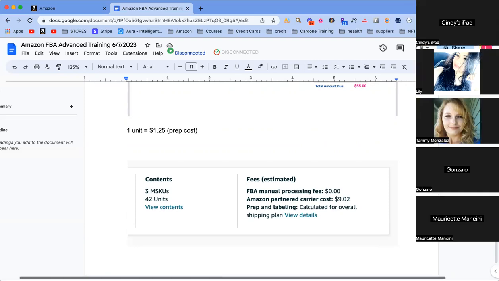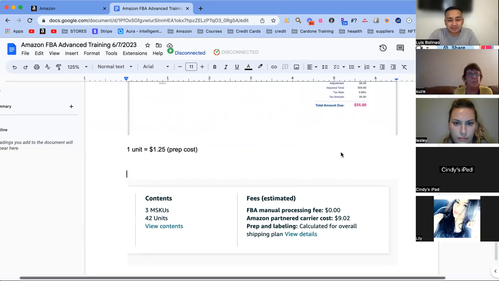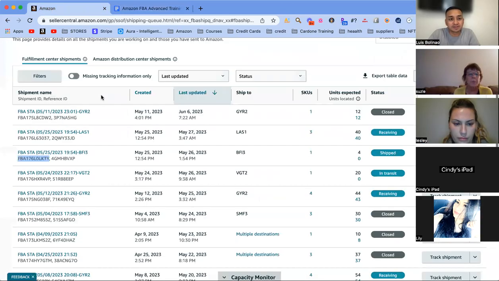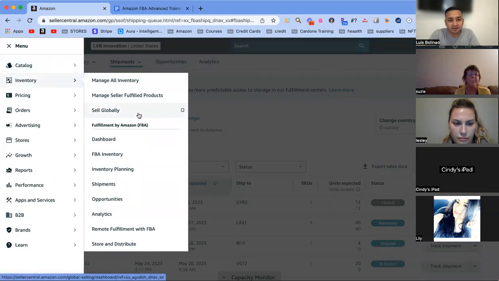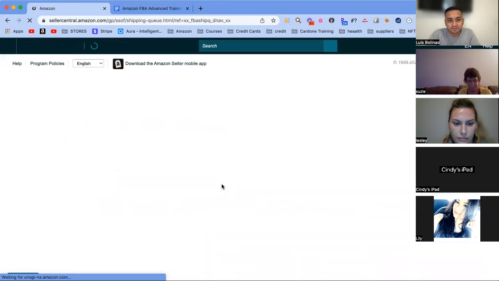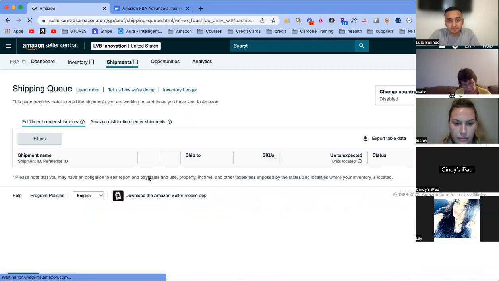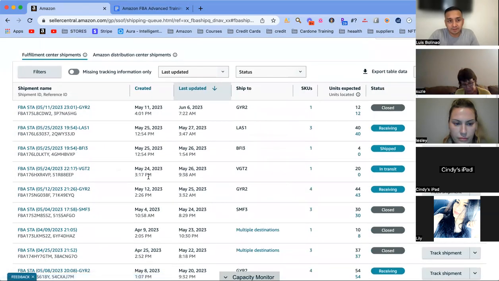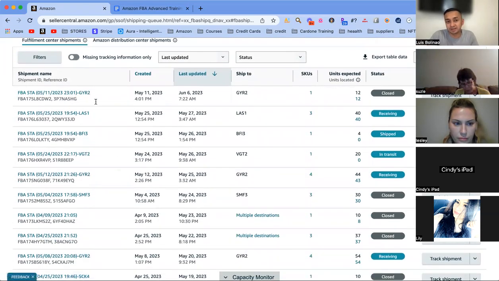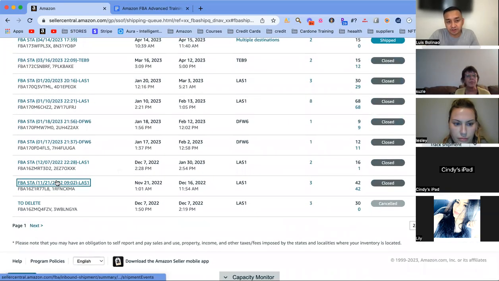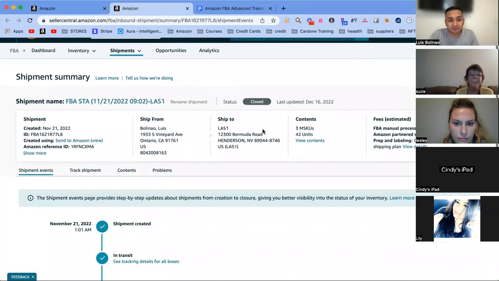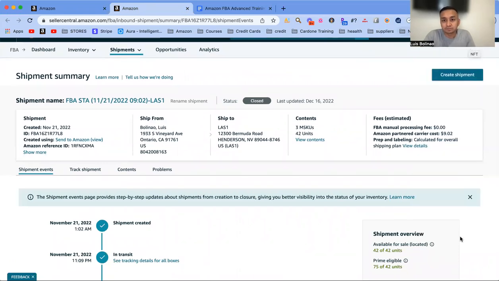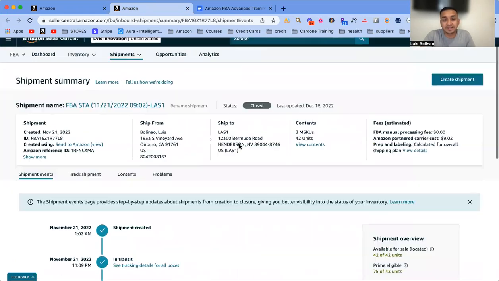For this one, you would go to your Amazon back office. You would go to inventory and go to shipments. One shipment just means one box, right? So from here, you click on one box and you look for your product. For example, that's the product right there, right? This one is your receipt.